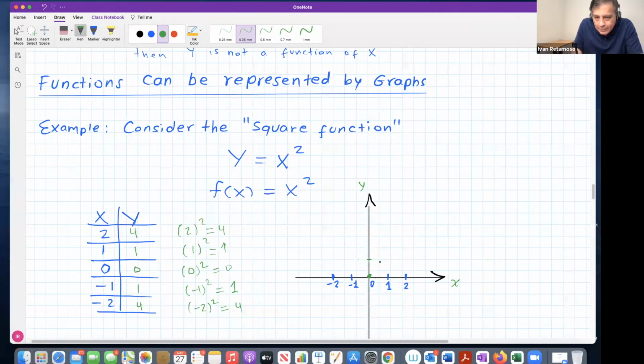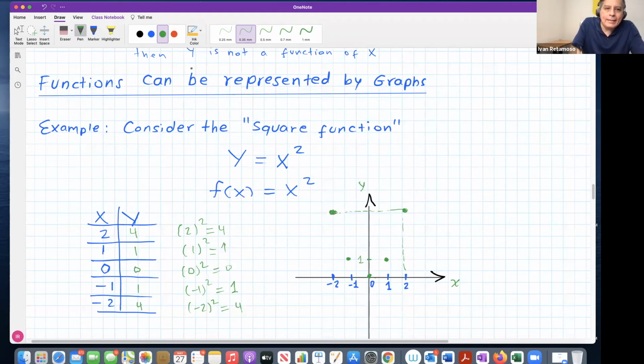Let's say this is 1 here. -1 also pairs up with 1, so here. -2 and 2 both pair up with 4, so this would be up there somewhere. Let's say there. So you get 5 points in total.